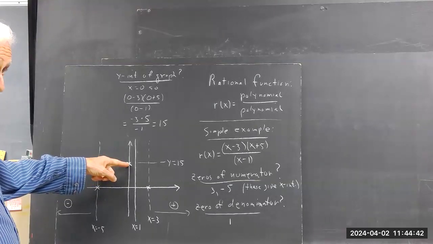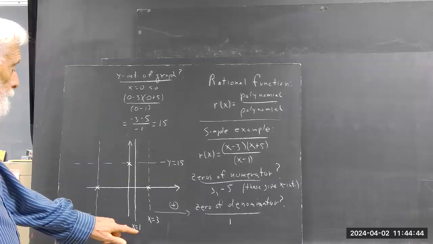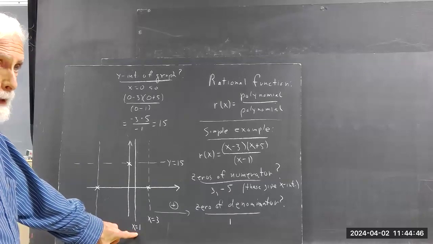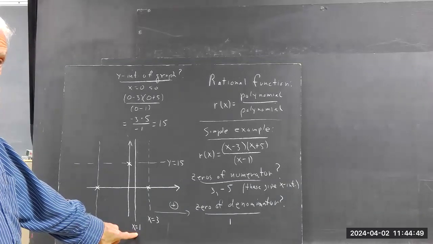Okay. And the other thing is, at x equals 1, I've got a vertical asymptote.